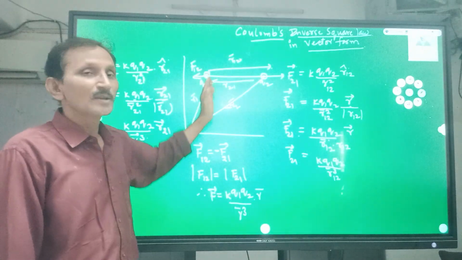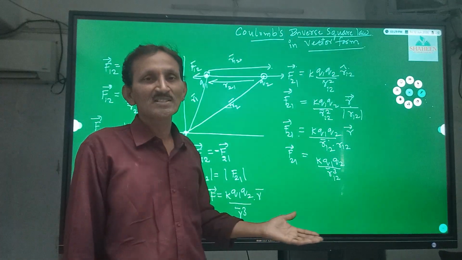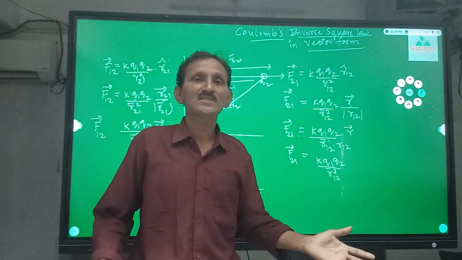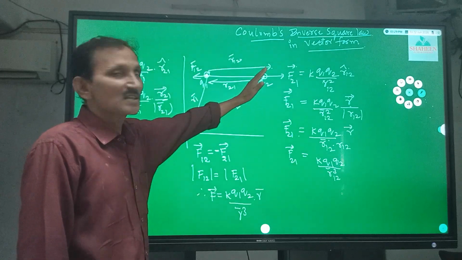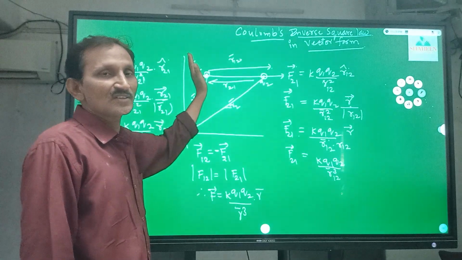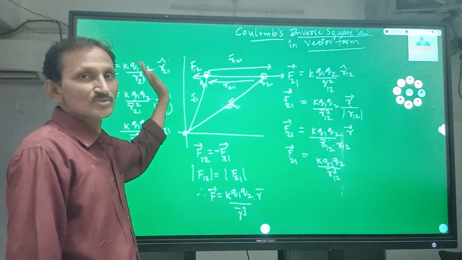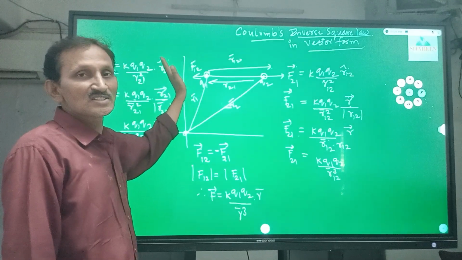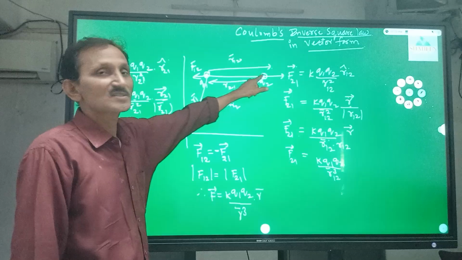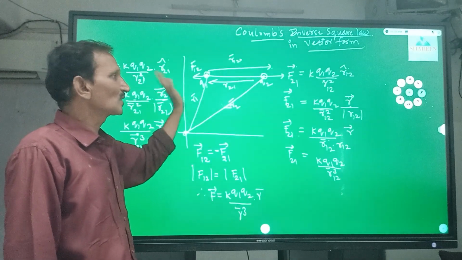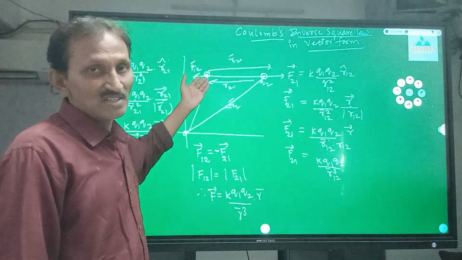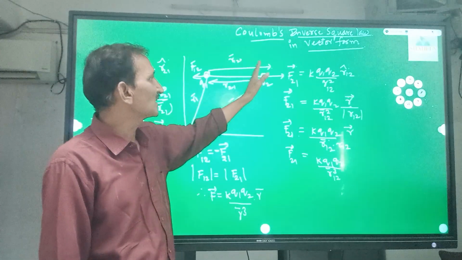Now take the repulsive forces between two similar charges: like charges repel, unlike charges attract. Because of the second charge, a repulsive force acts on the first charge in this direction. And because of the first charge, there is a force acting on the second charge.